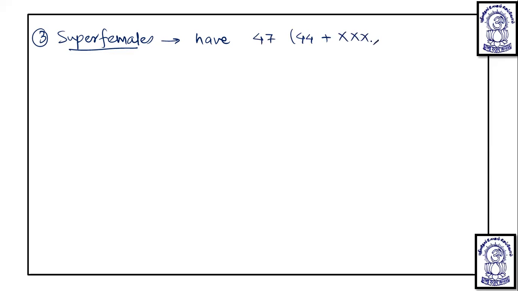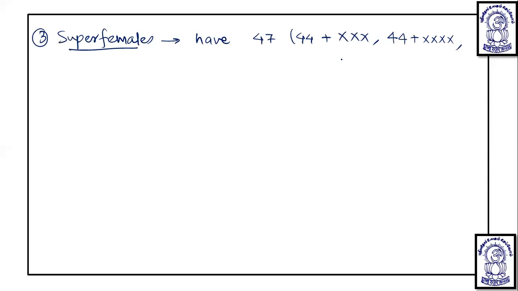Now we are going to discuss the third sex chromosomal abnormality, that is superfemales. In superfemales, they have poly X female syndrome, and such individuals have 47 chromosomes, that is 44 plus XXX, or 44 plus XXXX.